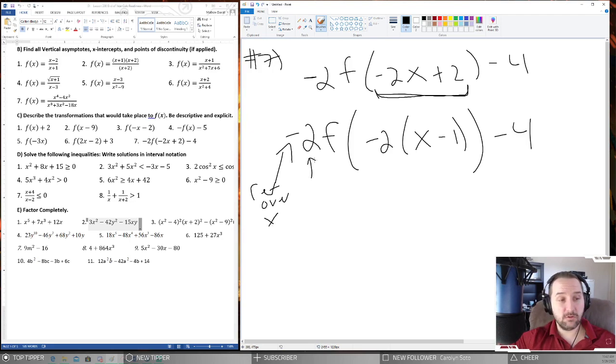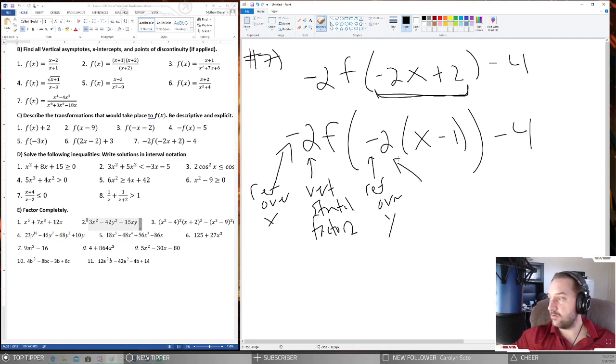Here, that 2 is a vertical stretch, factor 2. The negative here is a reflection over the y. That 2 is a horizontal shrink, factor of 2.